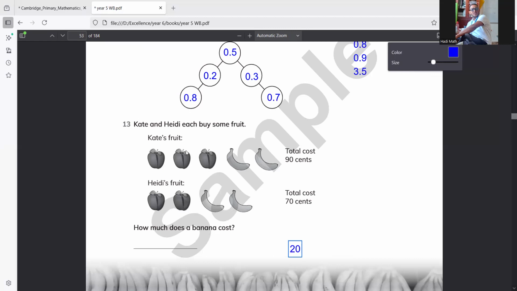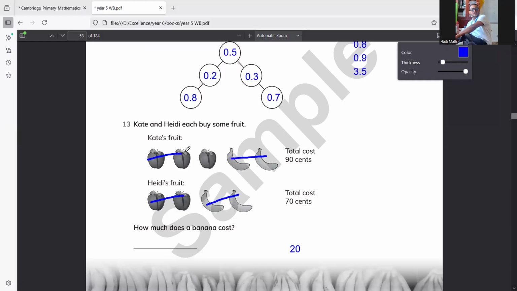And when you subtract those fruits, those 2 will be cancelled with those 2, and those 2 will be cancelled with those 2. Subtract them from each other.